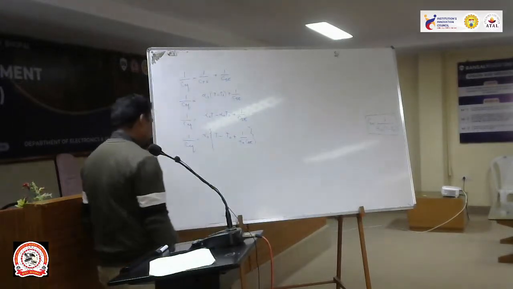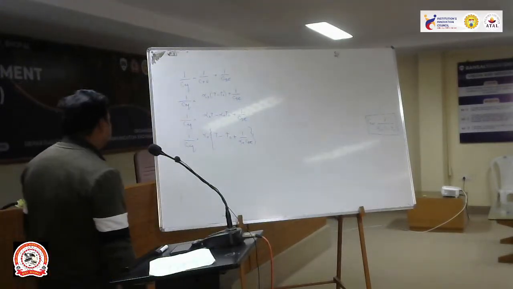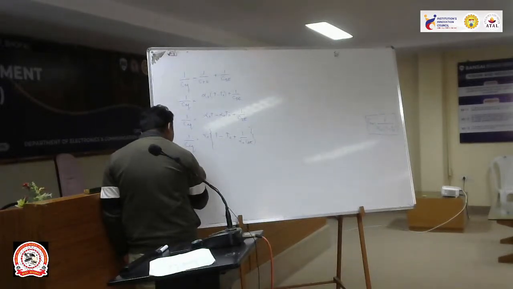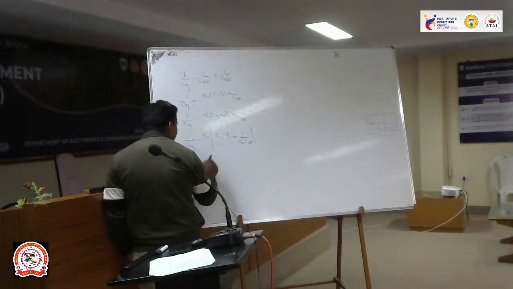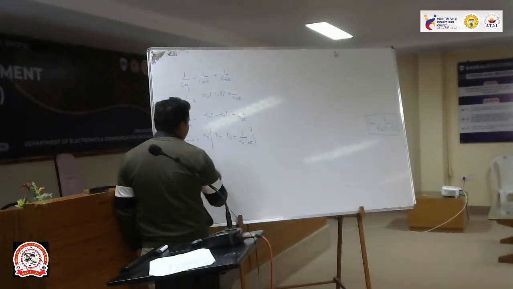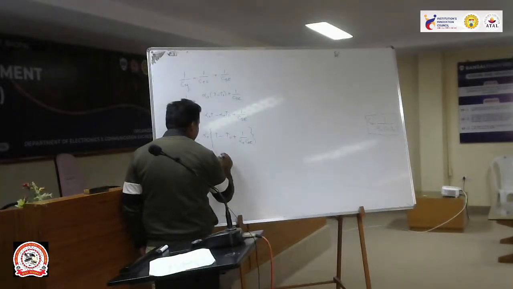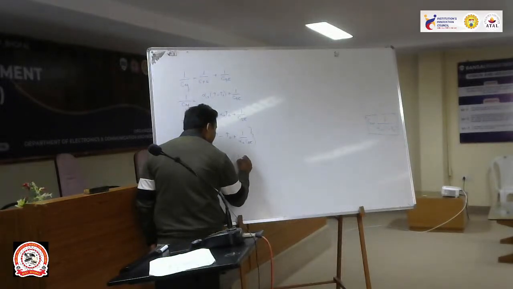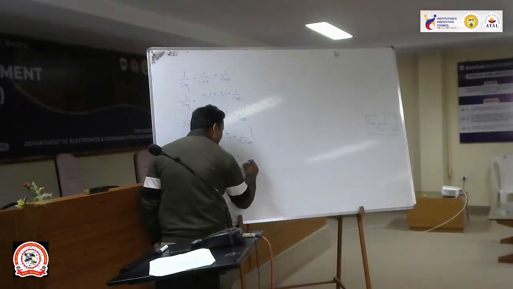So this is okay. Now further, I can write 1 upon C equivalent equals alpha naught, and I can write (T minus T naught minus 1 upon alpha naught CDE).